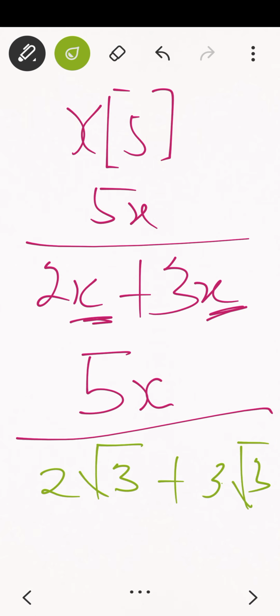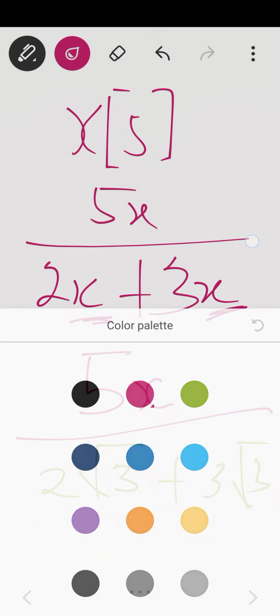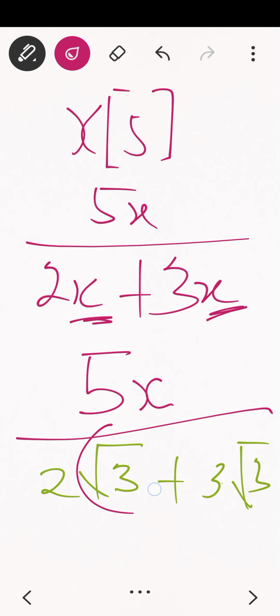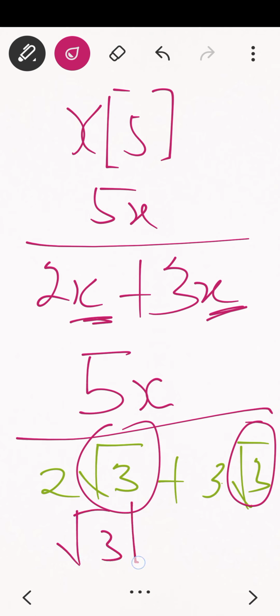These surds can be classified as like because we have root 3 here and root 3 here. So when that happens, the easiest thing we can do is to factorize our root 3 out. When root 3 is factorized outside, note that we'll be left with 2 on the left hand side and 3 on the right hand side.